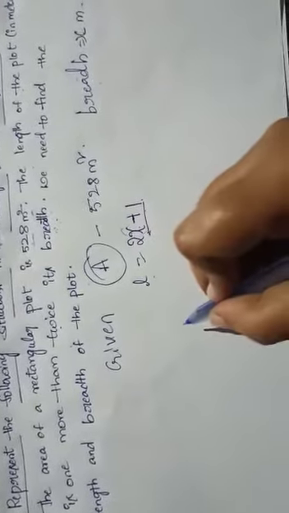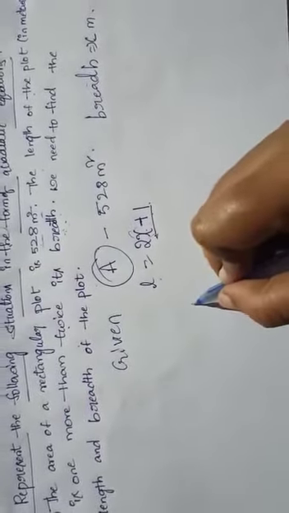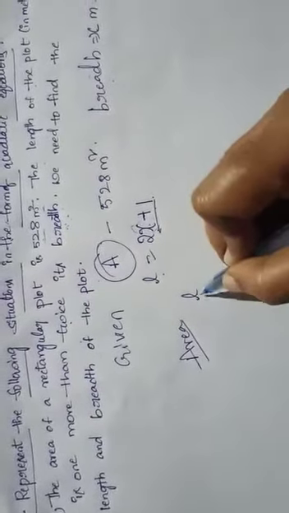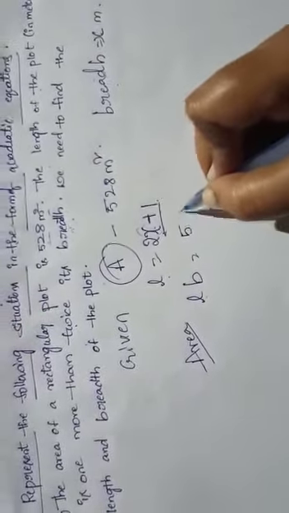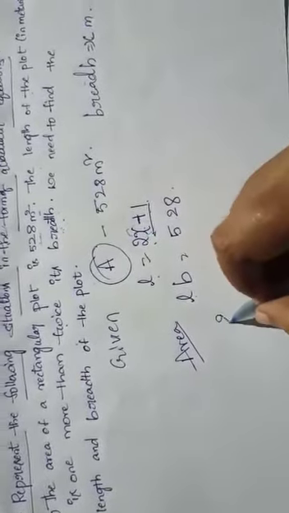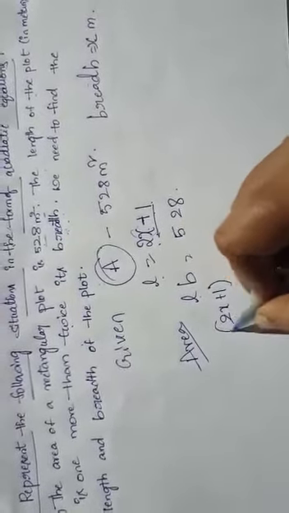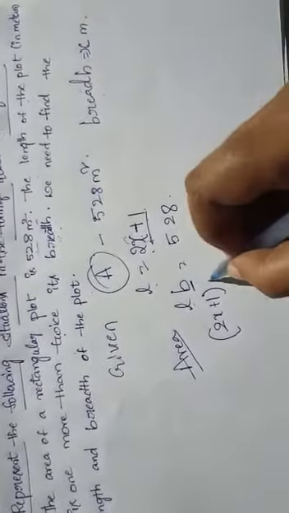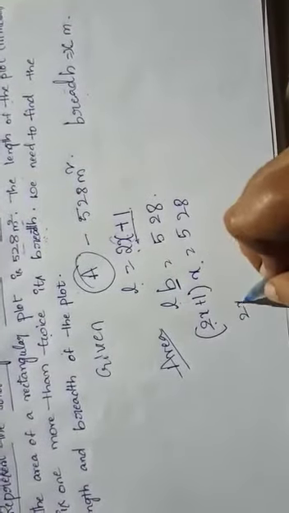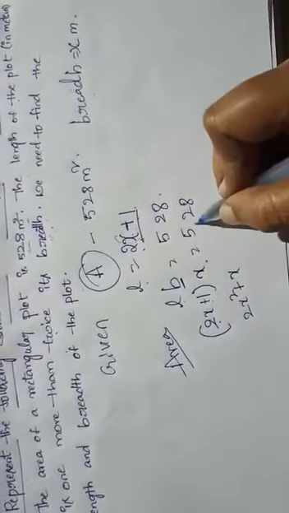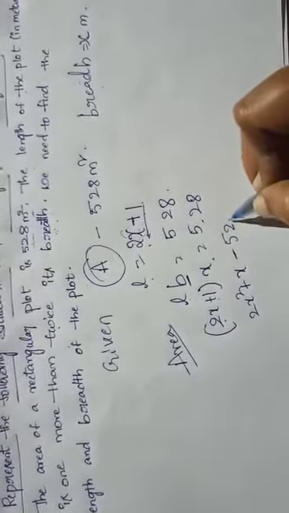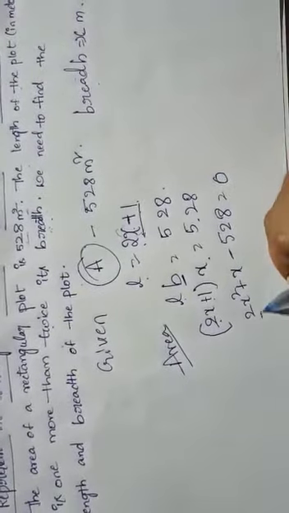We know the area of a rectangle formula: length into breadth equals 528 meter square. Here length is 2x plus 1, into breadth x, equals 528. 2x into x is 2x square, 1 into x is x, and 528 comes to this side: 2x square plus x minus 528 equals 0.